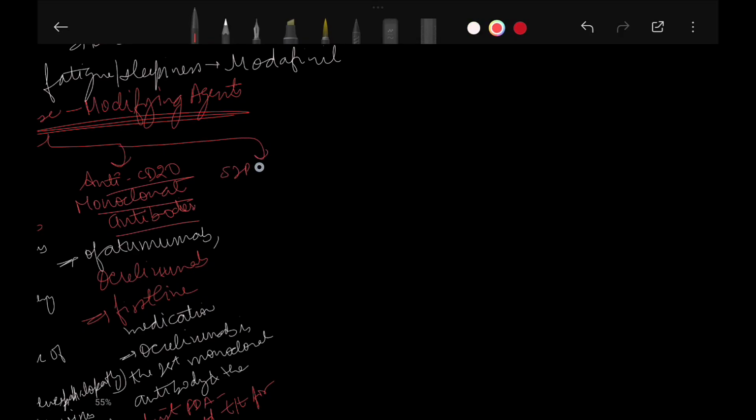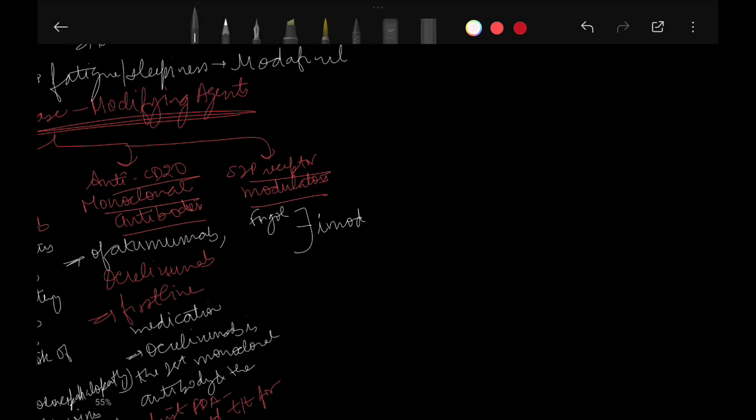After that, S1P receptor modulators. In this we have, just remember the suffix mod. Then remember fingolimod, just like the word finger. Remember fingolimod, siponimod, or ozanimod.